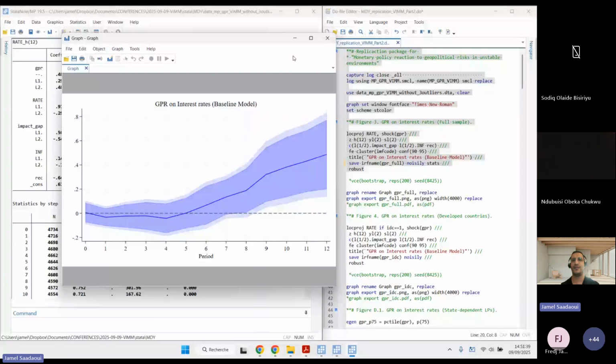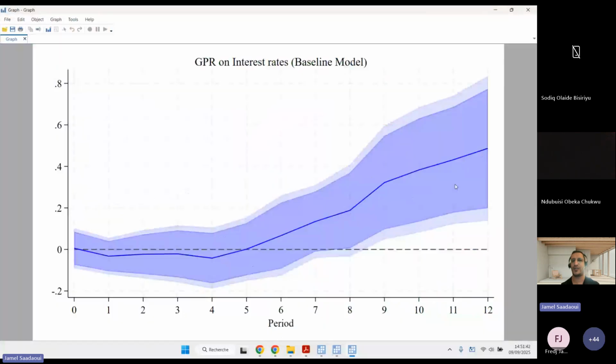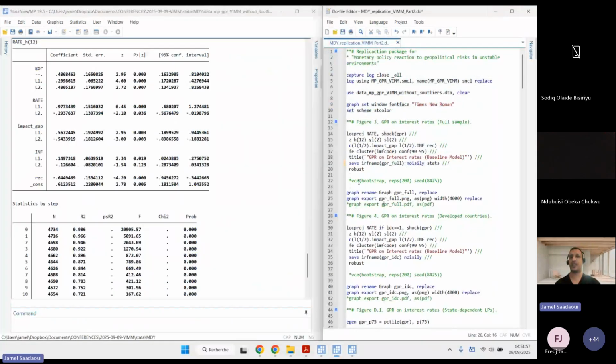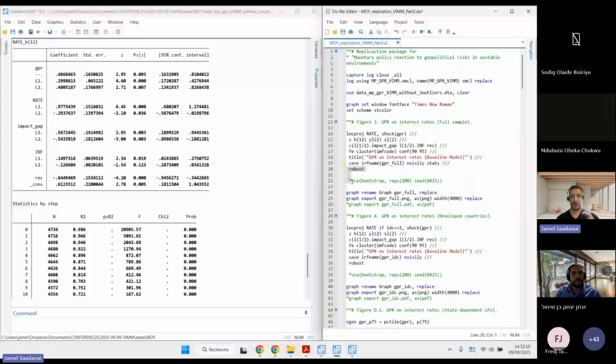In fact, the central bank reacts after some time to geopolitical risk shocks. Our interpretation with Dr. William Ginn was that it's to fight second-round inflation. That's for the full sample. In the paper, we use bootstrap computation. I will not do it here because it's a bit long, but I would like to underline that it is recommended to use bootstrap replication to have a better coverage for the confidence interval.